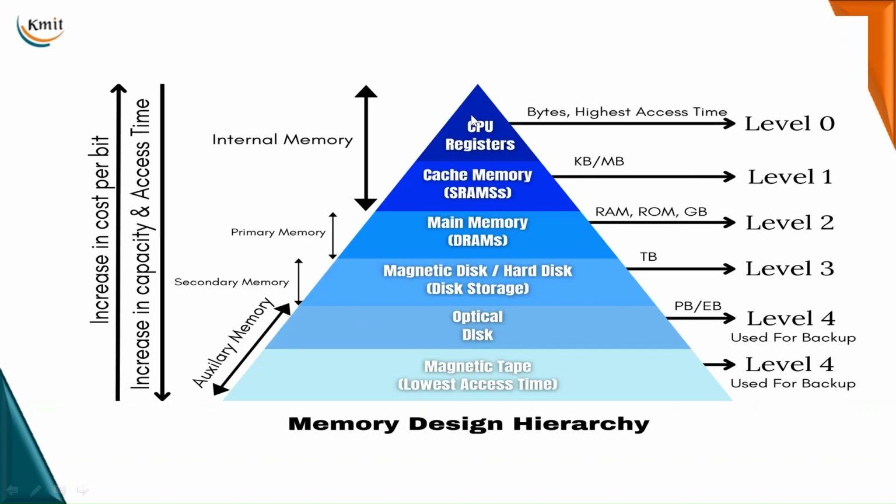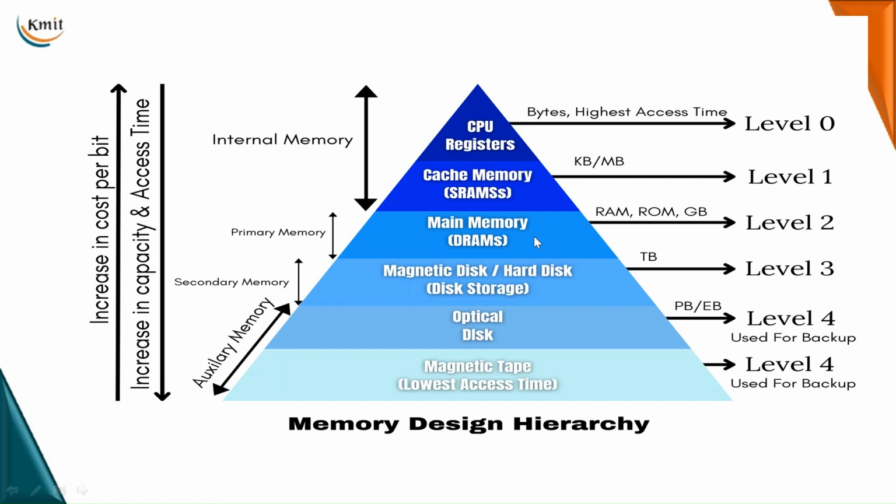So when you move from top to bottom, accessing information from the registers is very fast compared to accessing information from your auxiliary memory. Next comes your cache memory, which is fast in accessing the information. That is the reason the CPU places the most frequently accessed information into the cache, so that the access time is very short compared to your main memory.